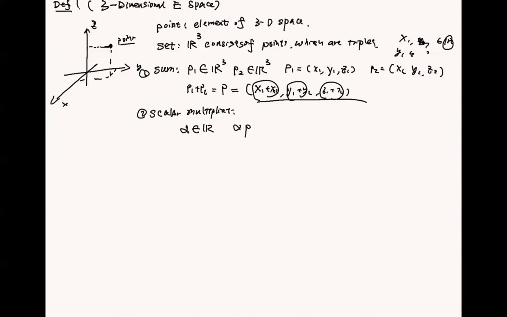So if a point has coordinates x, y, z as a triple, the result will be alpha times each coordinate. So this will be the scalar multiplication.